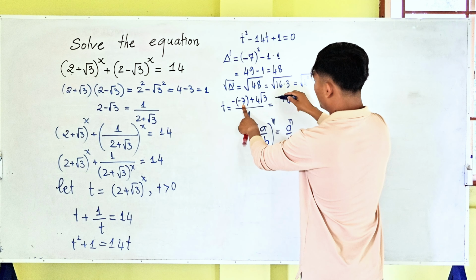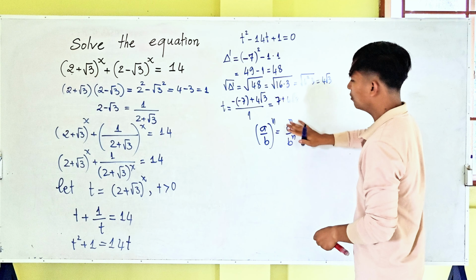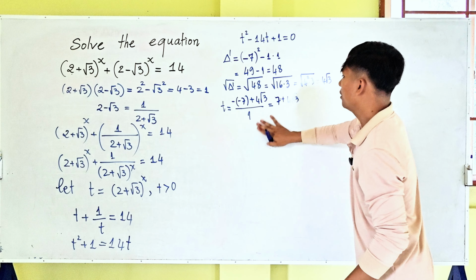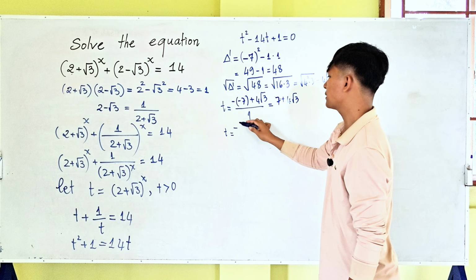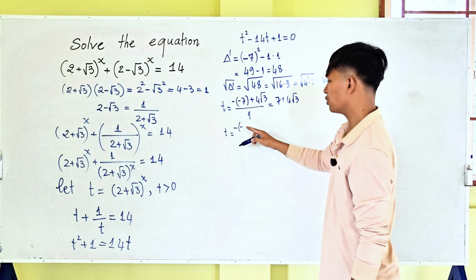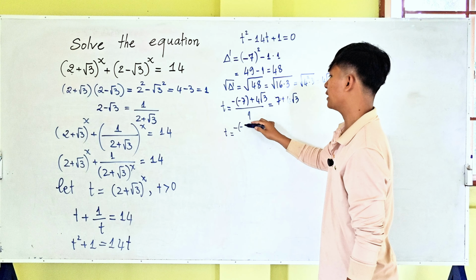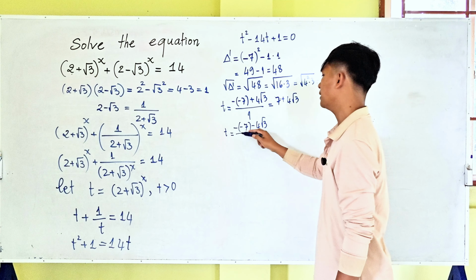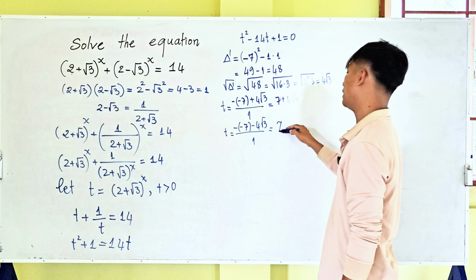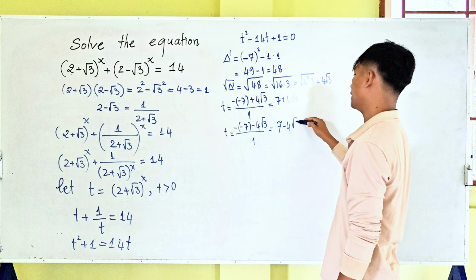Okay? And also here, t equal negative (negative 7) minus 4 square root 3, divided by 1, and equals 7 minus 4 square root 3.